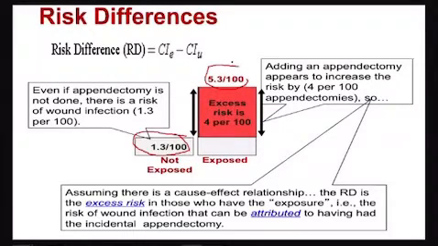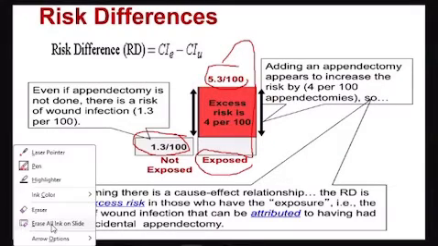Let's say we got 5.3 per 100 for exposed and 1.3 per 100 for not exposed. If I subtract them, what am I going to have? 5.3 minus 1.3 gives 4 per 100.